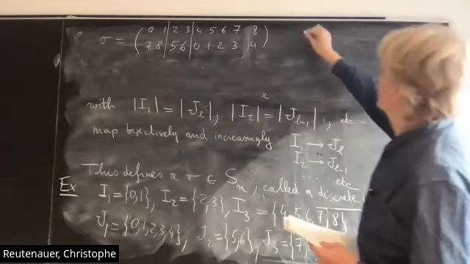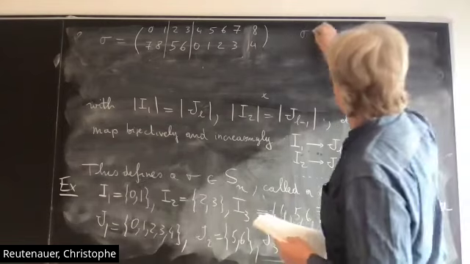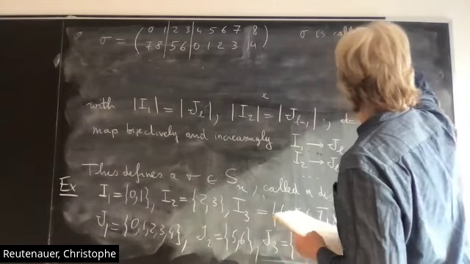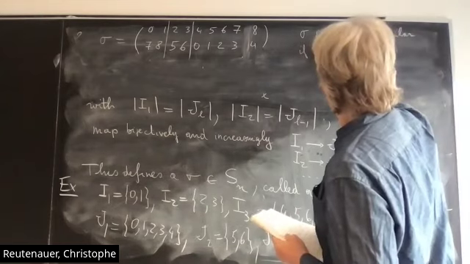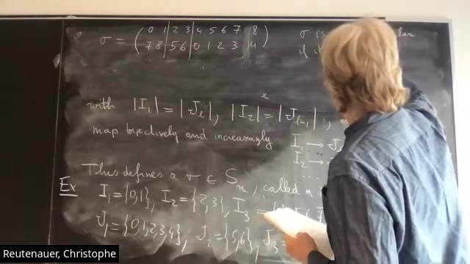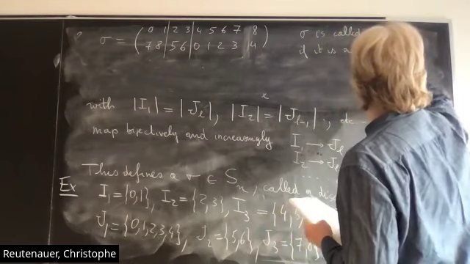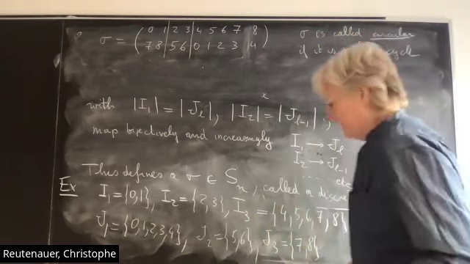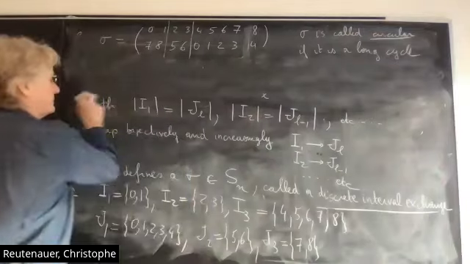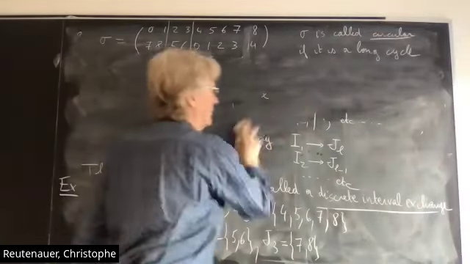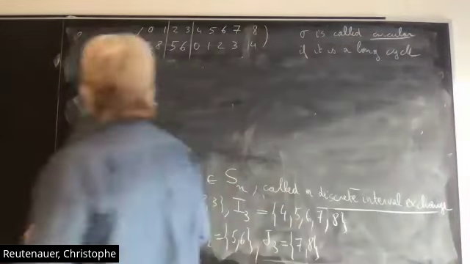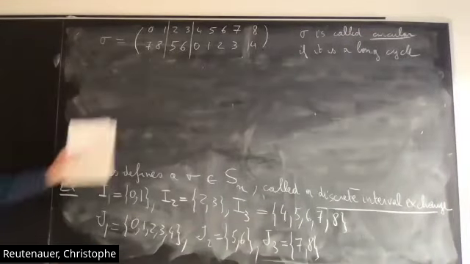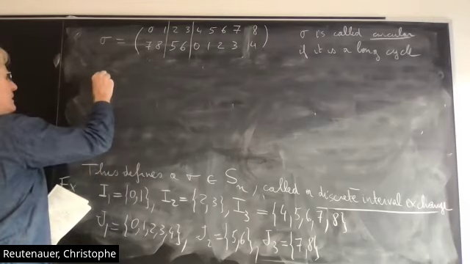And sigma is called circular if it is a long cycle. And it's this one which we are interested in. And here it is the one I have here, it is circular.